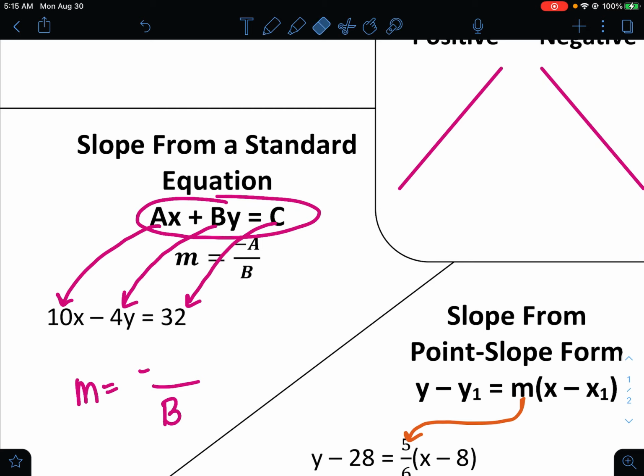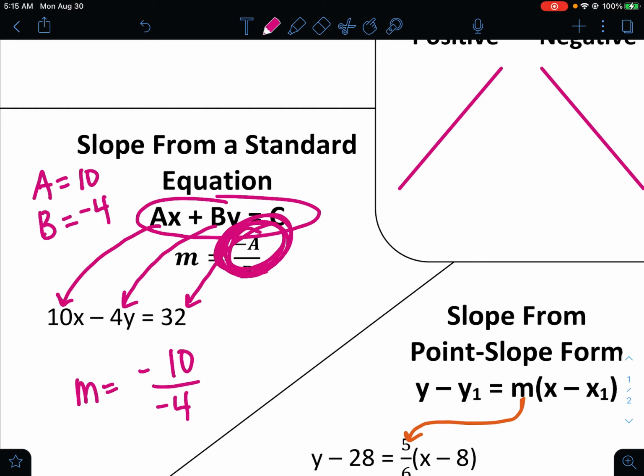All right, so let's take away the A, and replace it with 10. The negative doesn't go anywhere. Then let's take the B and replace it with negative 4. So A is 10, B is negative 4. We have to change the sign of A. Since A was a positive 10, now it's a negative 10.